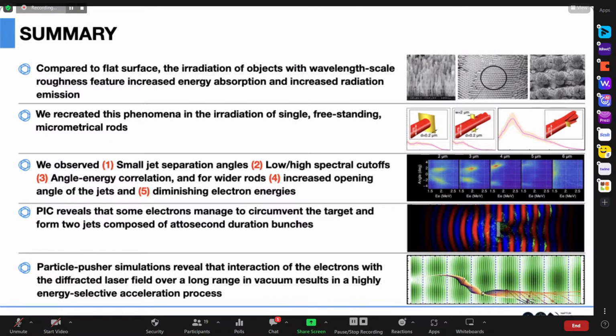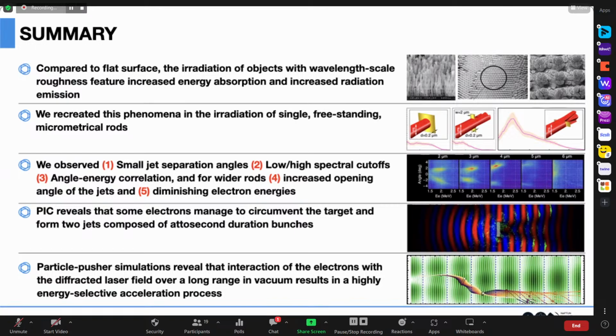So to summarize, we're trying to find an answer to a 20-year-old outstanding question: why do rough objects interact so differently with relativistic laser pulses? And the way we attack the problem is by irradiating isolated, what we call micro rods or micro bars. We see that it's very polarization dependent, and we understand why.